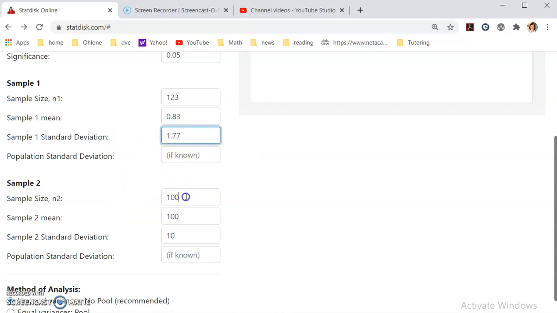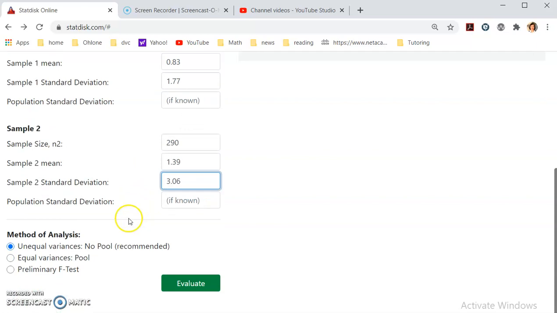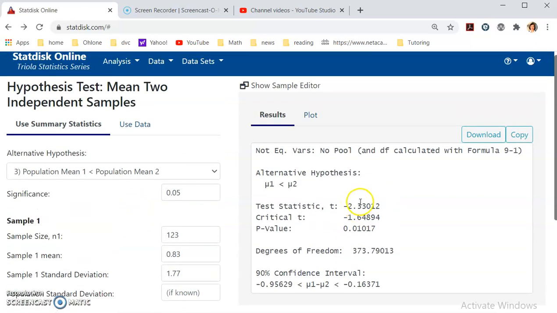They did not give us the population standard deviation, so we just give it 290, so that it will use the t distribution. Then 1.39, 3.06, 290, 123, 0.83, 1.77. By default, we do unequal variance t distribution.